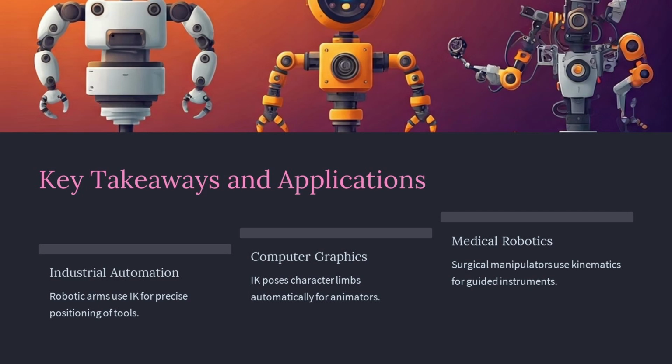In virtual reality and motion capture, motion data captured from a human actor is mapped to a digital avatar through inverse kinematics, ensuring natural movement that respects the avatar's joint constraints. In medical robotics, surgical manipulators use precise kinematics to guide instruments along planned trajectories inside the human body, greatly improving safety and accuracy during minimally invasive procedures.